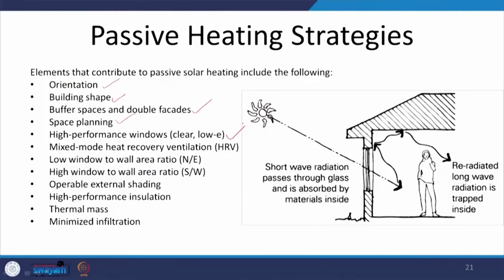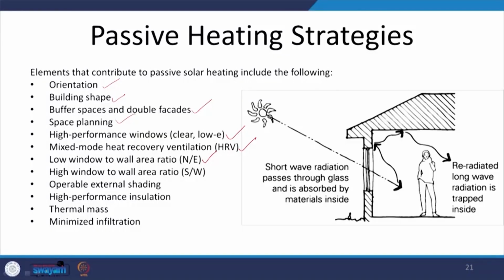The low E glass is also preferred. If we are talking about the active side of it, we may talk about heat recovery ventilation, where before the air is ventilated out, the heat is recovered from the exhausting air. Low window to wall area ratio, where we are talking about small openings, and high surface to volume ratio.